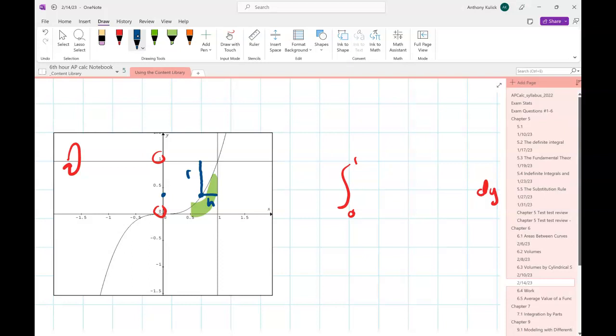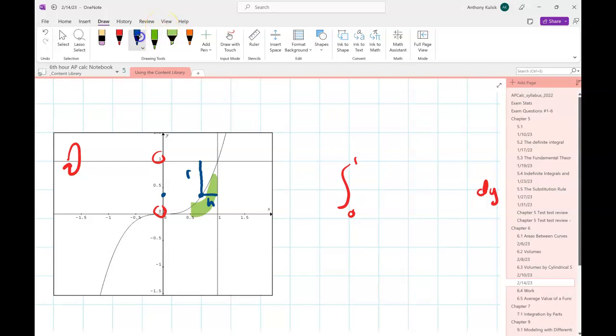That's always how we're going to be drawing our r's and h's. The radius should go from the axis of rotation to the curve, and then the h should go through the curve, through the meat of the curve, the part that's going to become a solid.